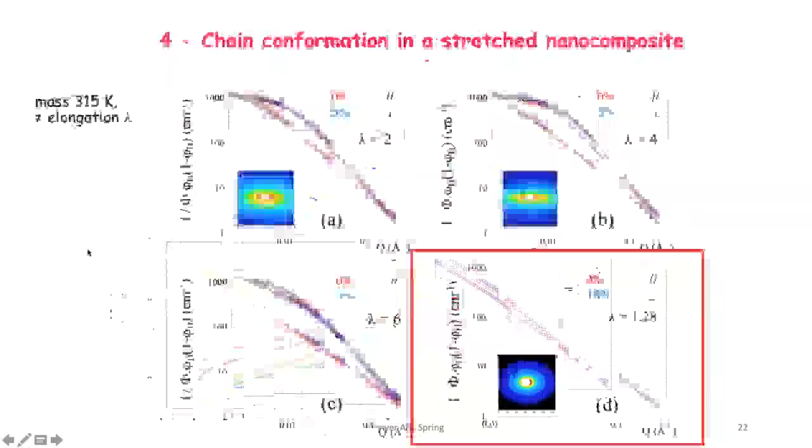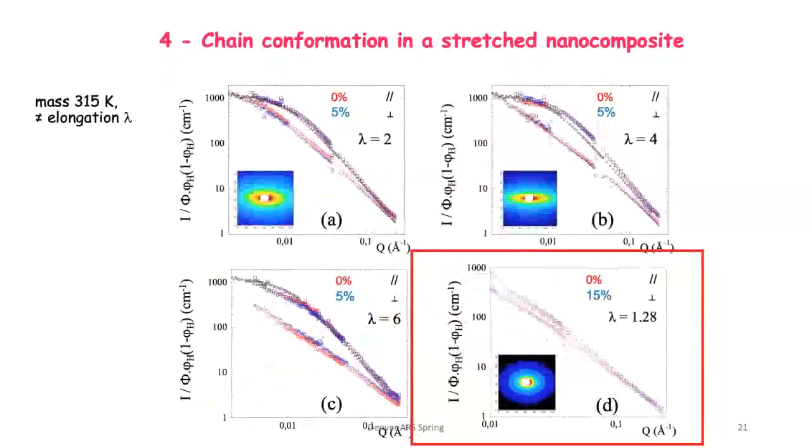And you can see that the difference between the perpendicular and the parallel one is increasing with scattering very nicely. But what is particularly striking is that actually you don't have very much difference between the scattering of the chain in the non-filled system and in the filled system. Of course, in the case I showed, you have a reasonably small concentration of nanoparticle, 5%.